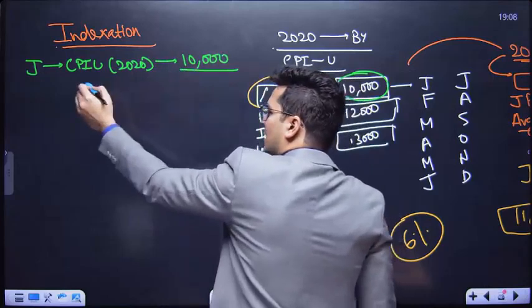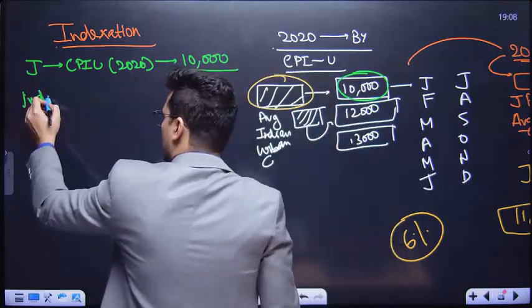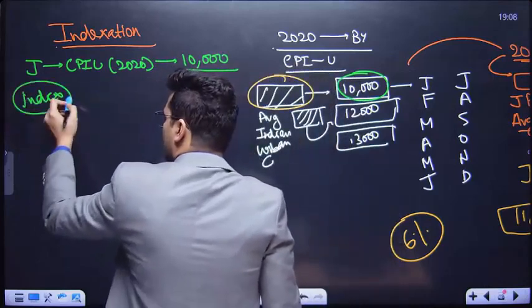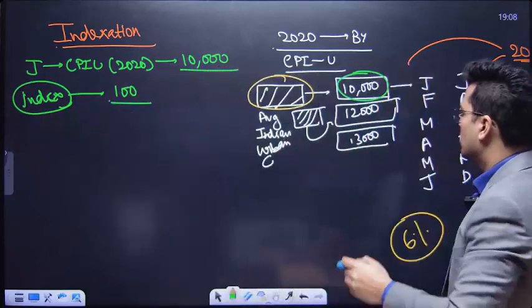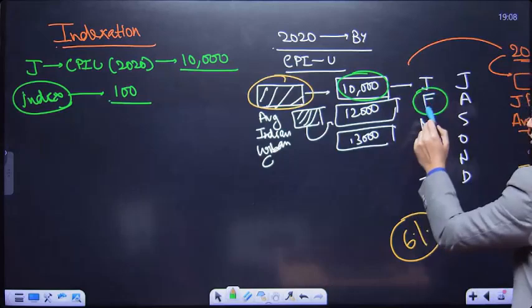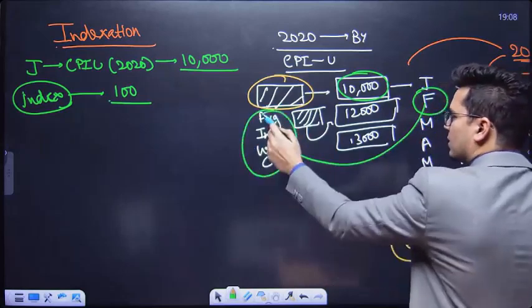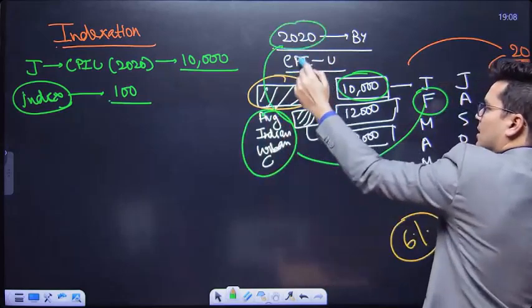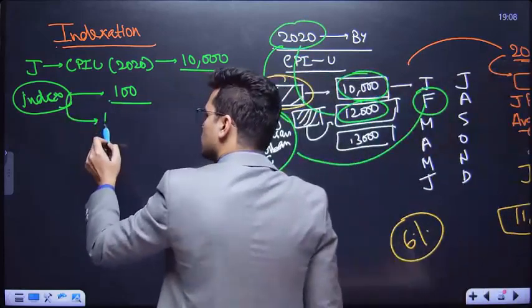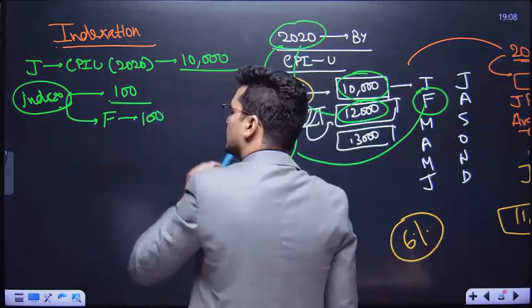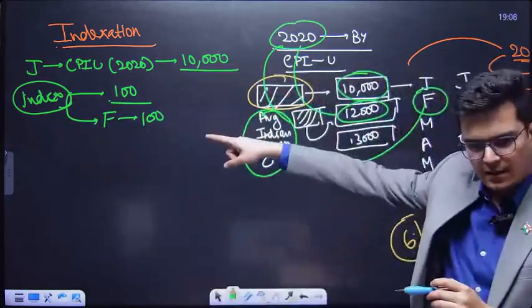But in my index, I will write it as 100. February basket of the average Indian urban consumer in 2020 cost rupees 12,000, but here in my index I will also write February as 100.